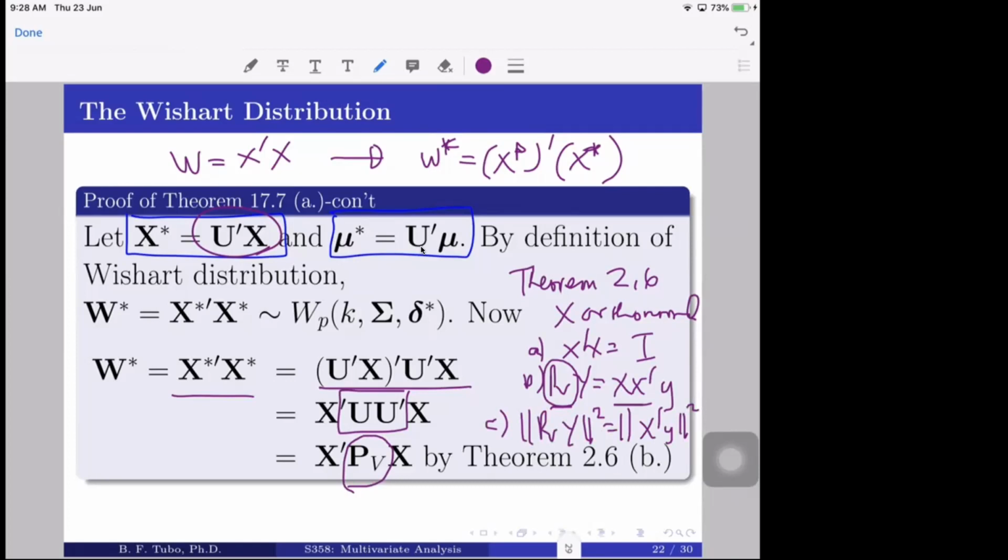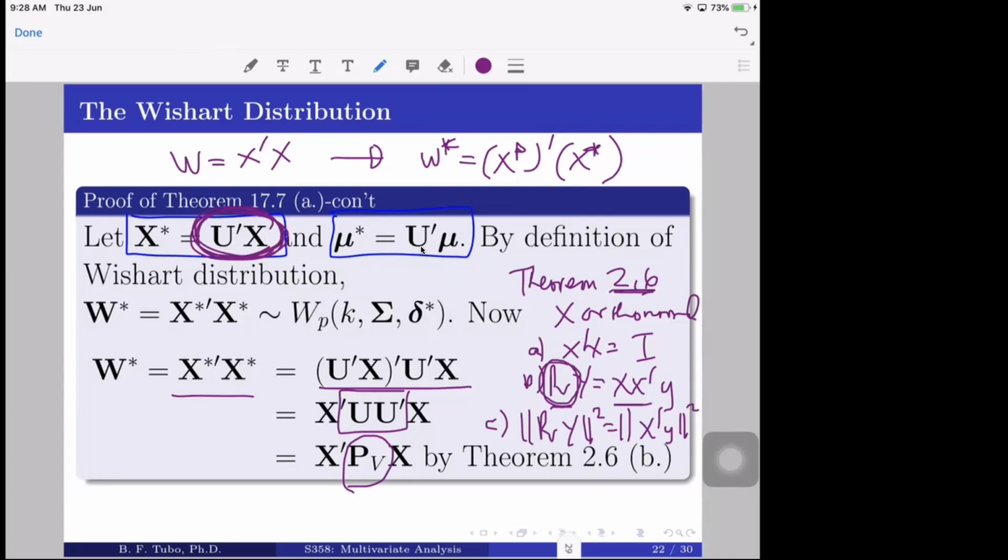So that is why we chose this U prime X, no? Because we want to use this theorem 2.6 for PB. So X prime is the PB. Okay?